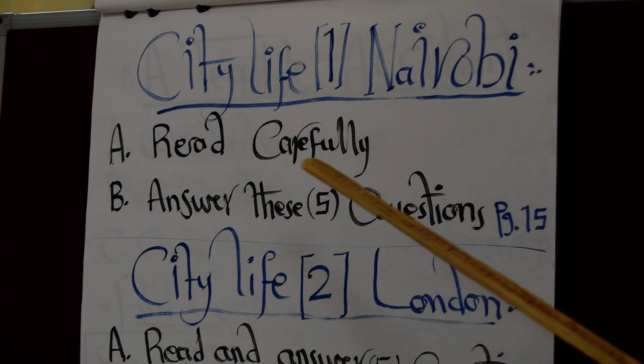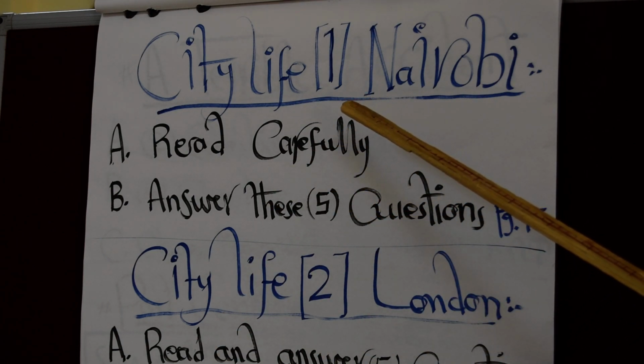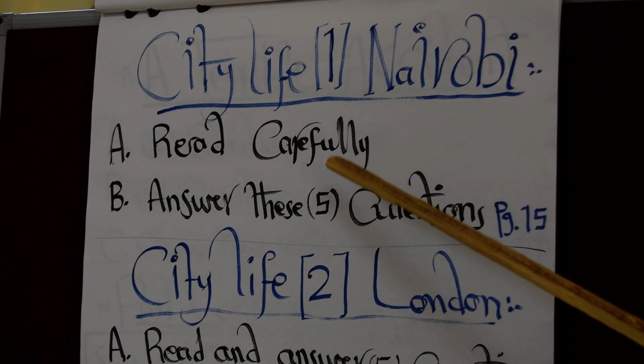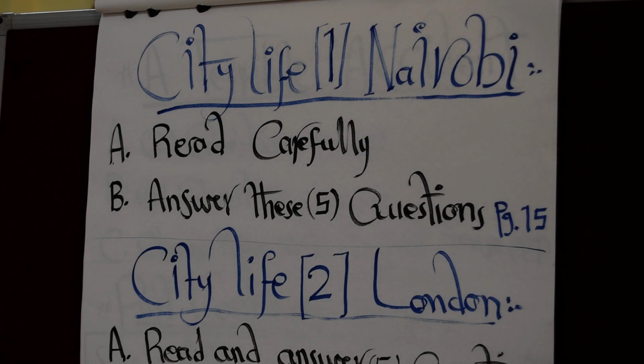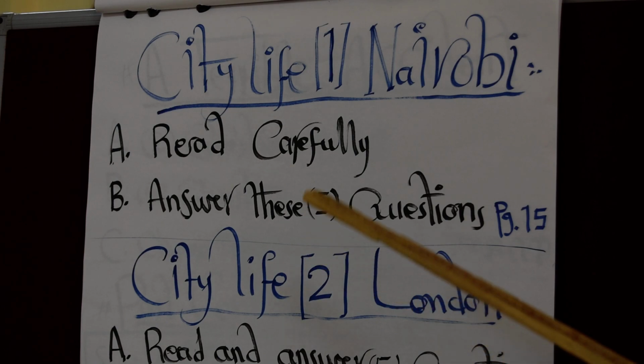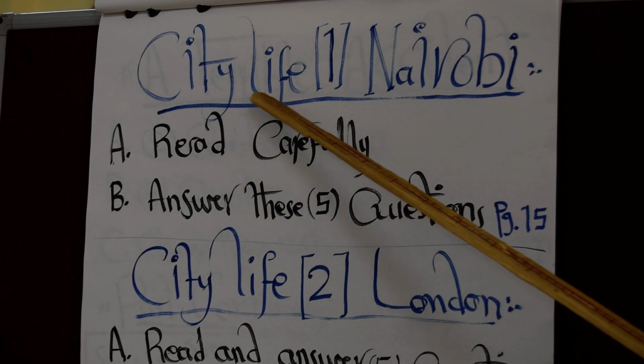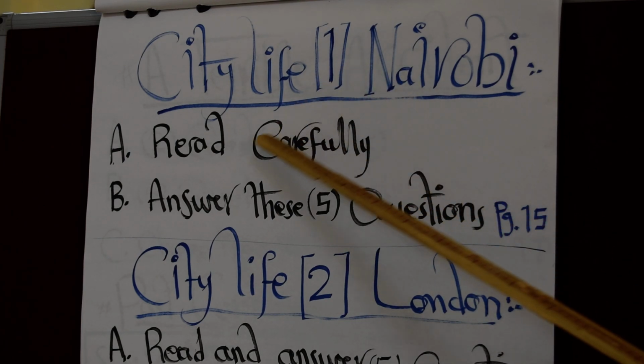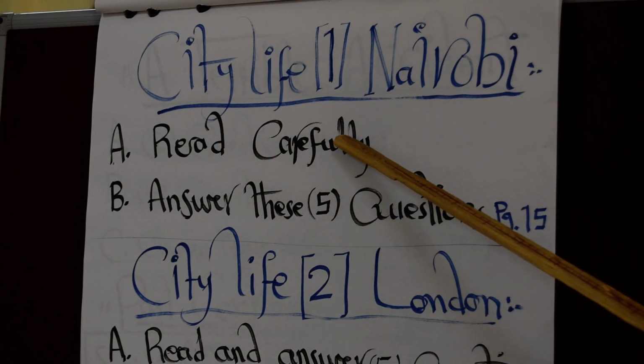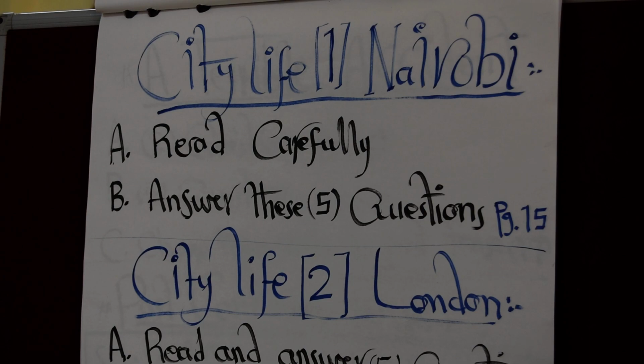Here I don't have a lot to say about this city, but there are two questions for you to do. Number one, read the passage City Life, about Nairobi. Read it carefully, then answer those questions.